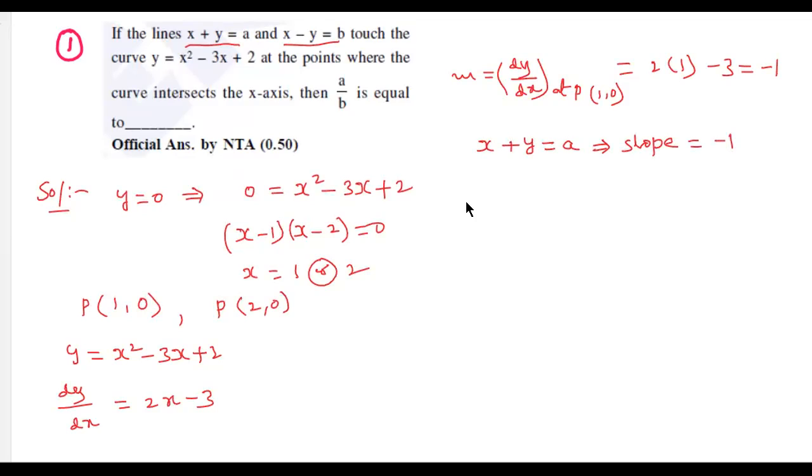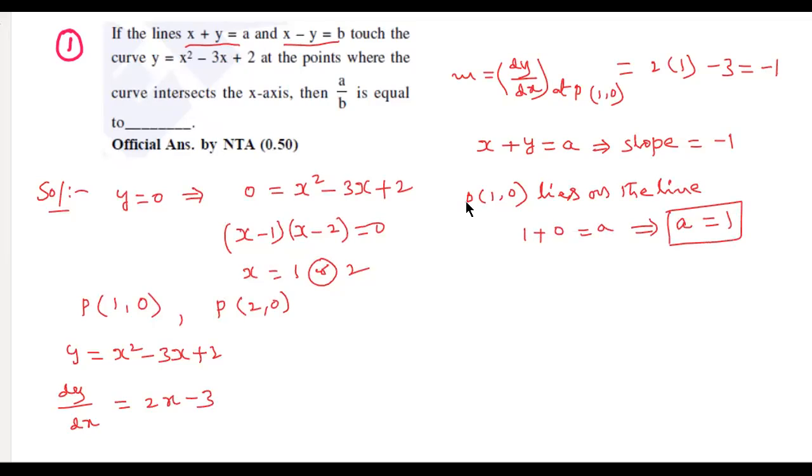That means the line is touching the curve at point P. Now P, 1 comma 0, lies on the line. The point of contact lies on the line. So substitute: 1 plus 0 is equal to a. Finally we got a value is 1.